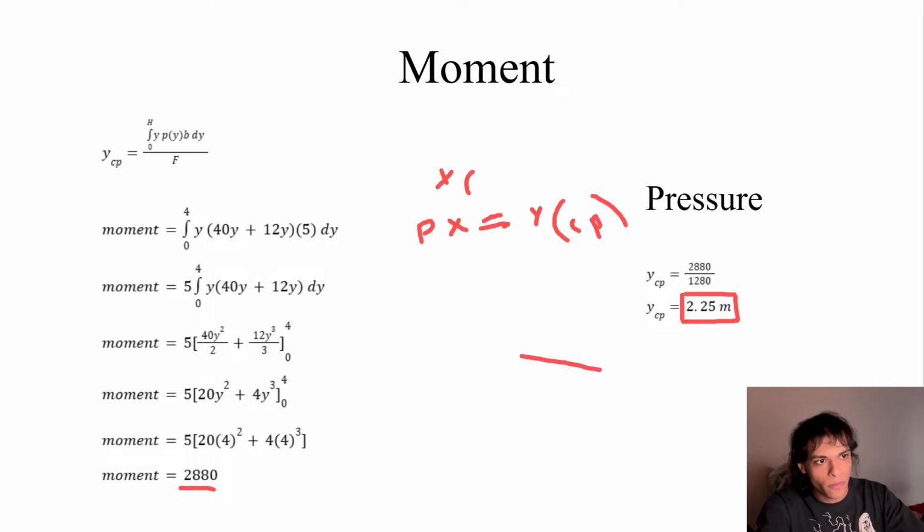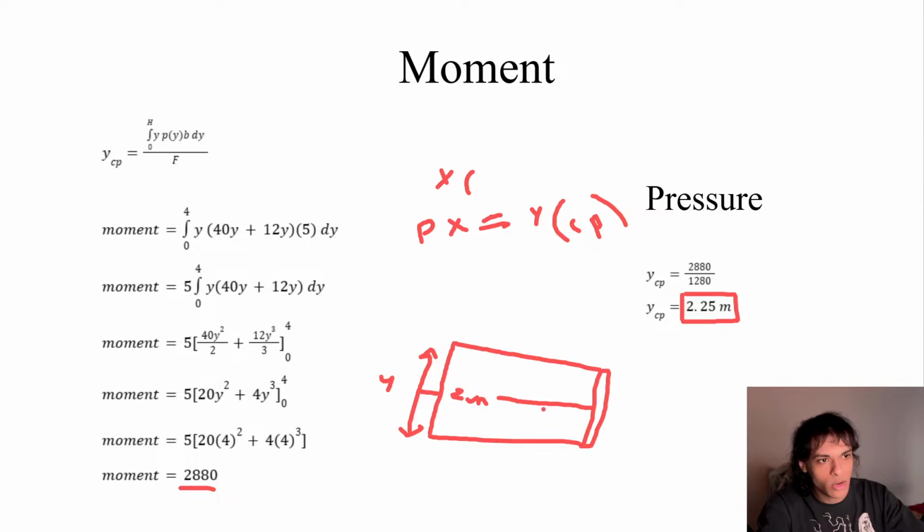This is the billboard, for example. We have the height of this, which is 4 meters. So the center point is at the center here, which is at the 2 meter mark. At the 2 meter mark, this is going to be the center pressure.